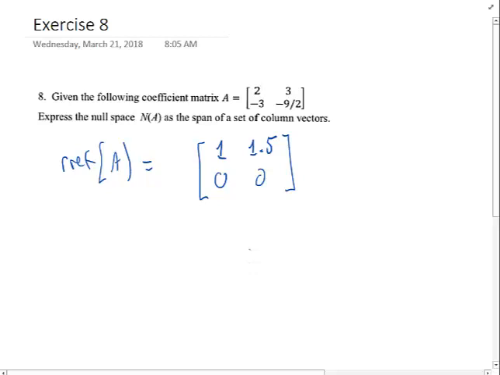Now, what does this tell me? This tells me that x2 is a free variable. And how does that help me? The null space is the same thing as the solution set of the homogeneous system.